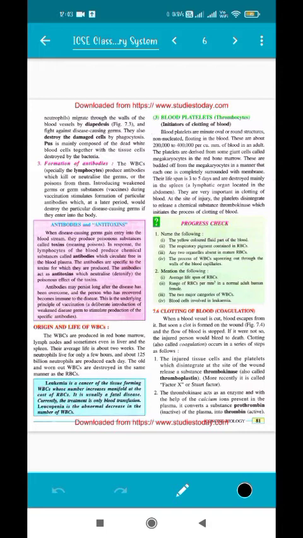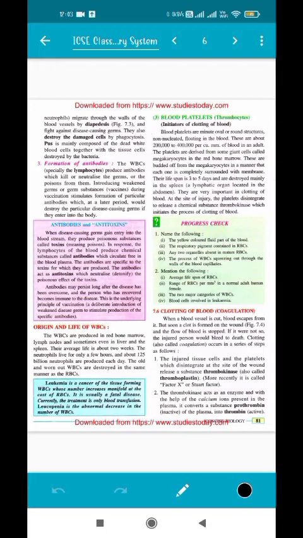The injured tissue cells and the platelets which disintegrate at the site of the wound release a substance, thrombokinase. This is a chemical, or you can say an enzyme, which is called thrombokinase. This is also known as factor X or Stewart factor, because it was discovered by a scientist whose name was Stewart.